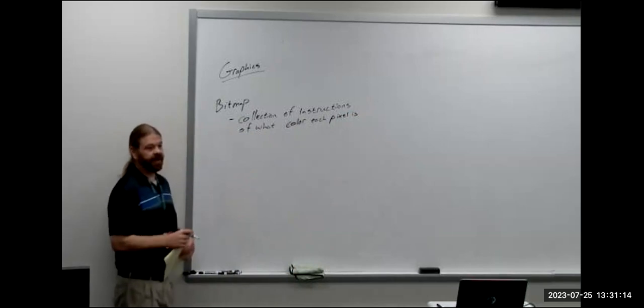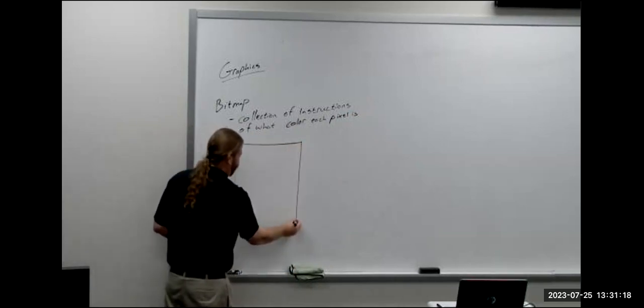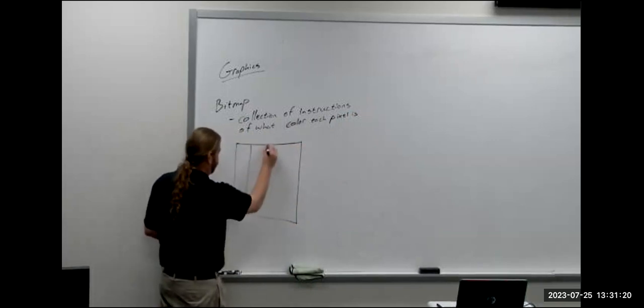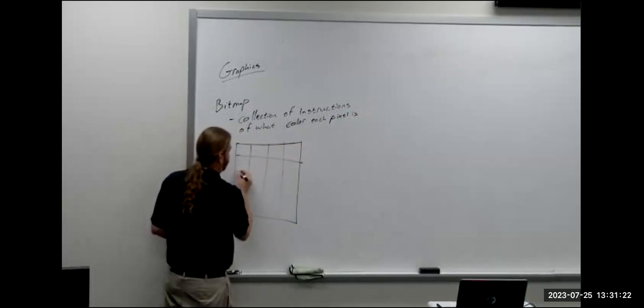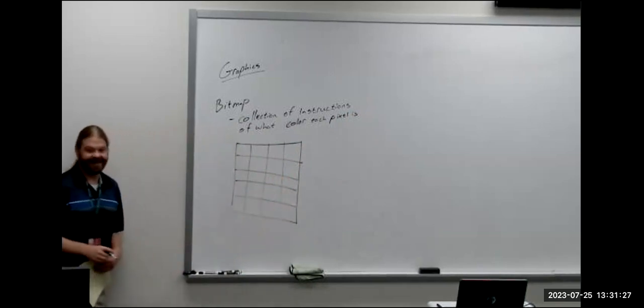This is what you would probably think of intuitively. This is a great big grid. I'm going to simplify it a little bit. I'm going to draw as many pixels as the screen has on it.